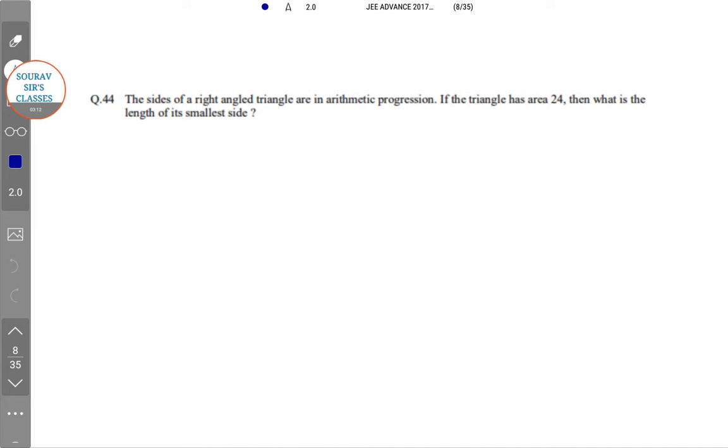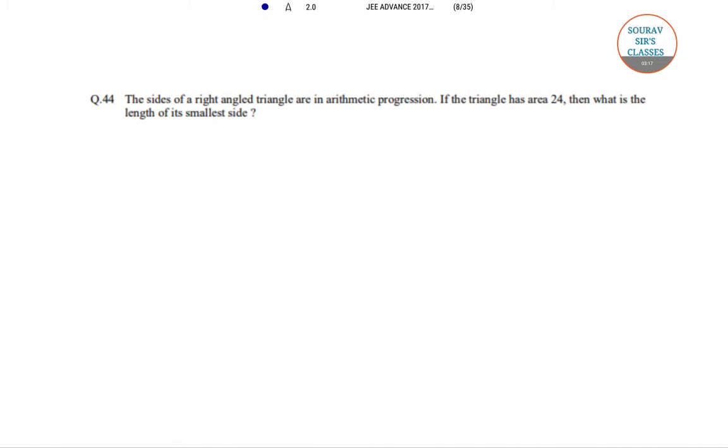Next one. The sides of a right angle triangle are in arithmetic progression, they have given, and if the triangle has an area 24, then what is the smallest side of that triangle? Let me draw this.